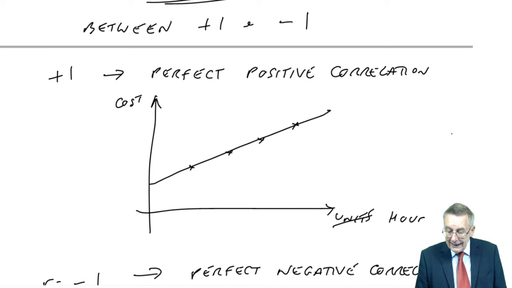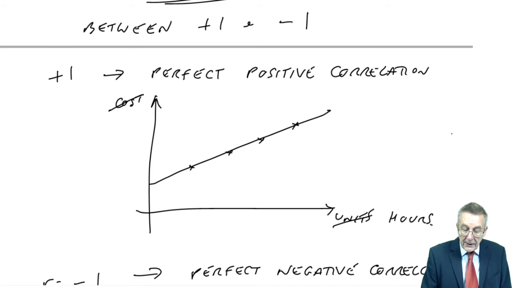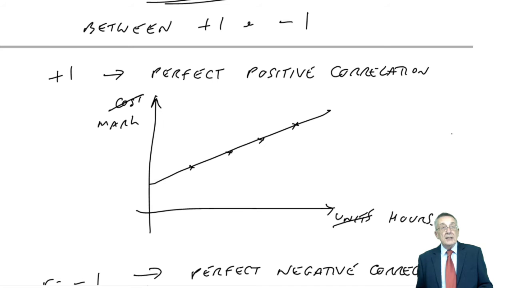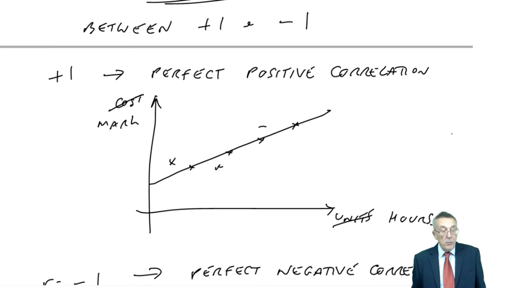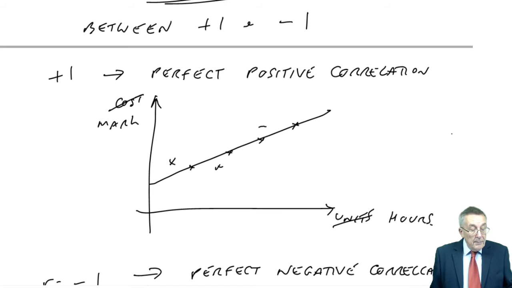More hours of study, a better mark. Again, I'm not claiming it to be perfect, but you would expect them to move together. B, number of pages printed and the ink levels in a printer.